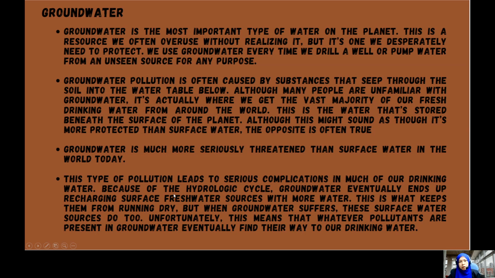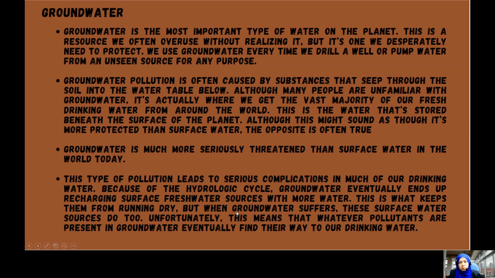Because of the hydrological cycle, groundwater eventually reaches surface freshwater sources with more water. This is what keeps them from running dry.